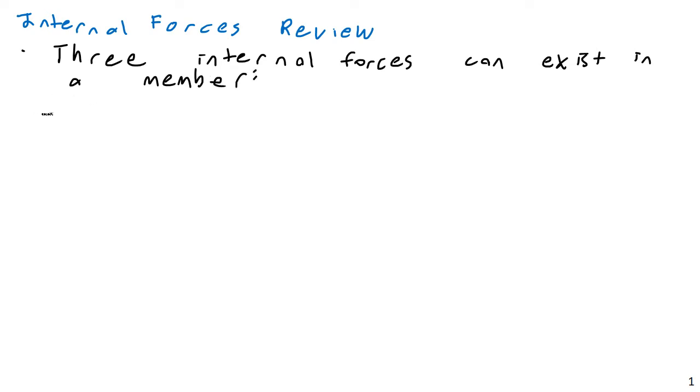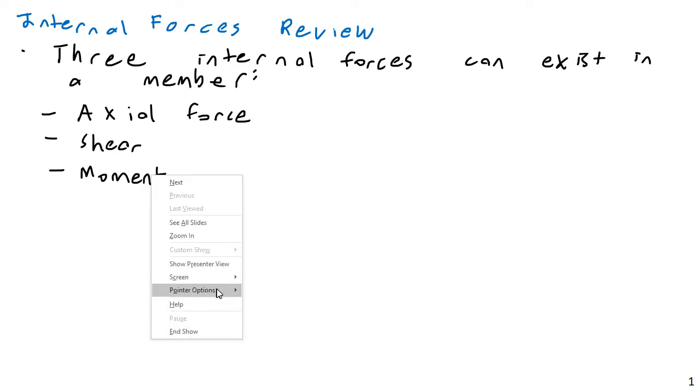These 3 are going to be axial force, shear, and moment. This is definitely a bit of a review from mechanics of materials, maybe from statics. And I'll discuss each of these.